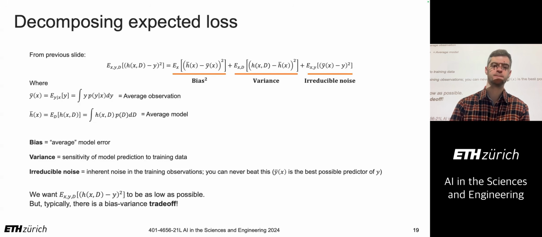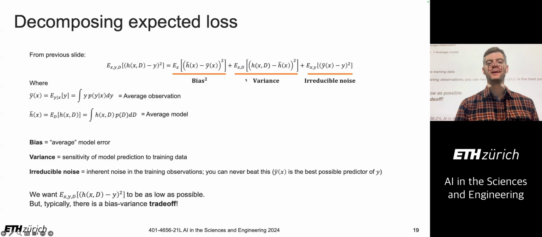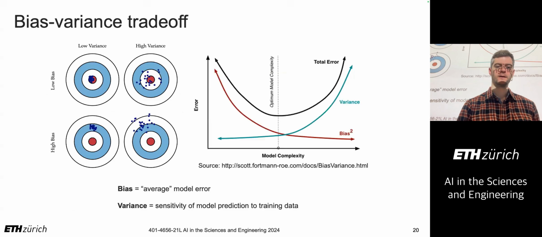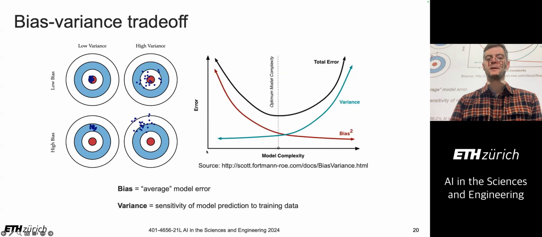That's the goal. But what we typically find when we evaluate this for particular neural networks and particular tasks is there's usually a bias variance trade-off. And this is the statistical way of saying there's a trade-off between overfitting and underfitting. So what we find is the bias and the variance depend on the model complexity.